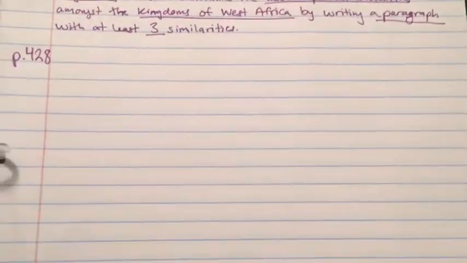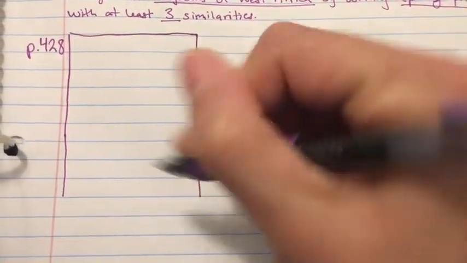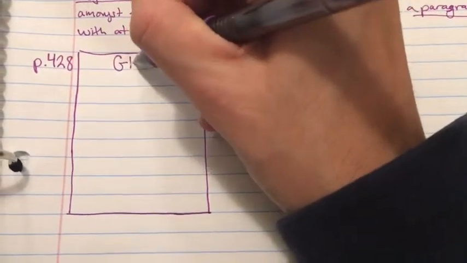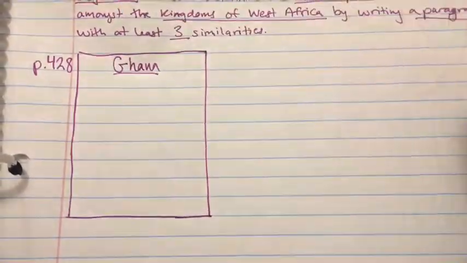Okay, in order to set up our notes, to take notes on this, it's kind of creating a study guide for ourselves. We are going to create a box to take notes about Ghana, and we can write Ghana right here.